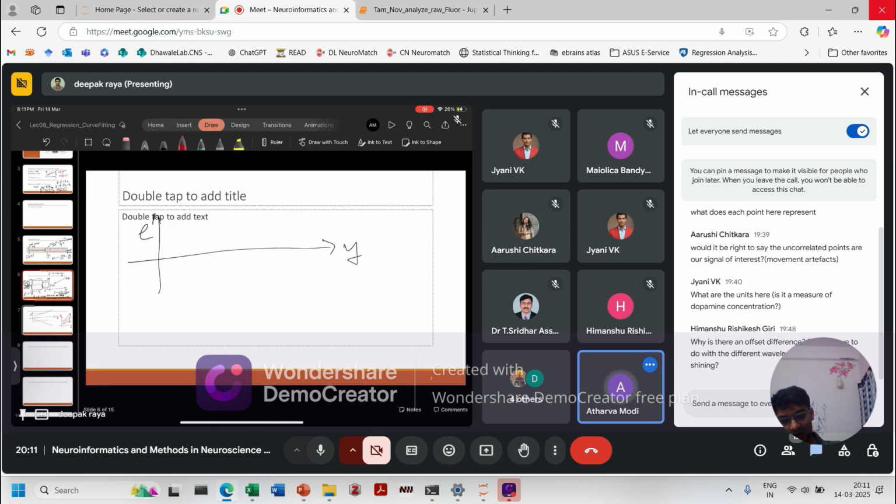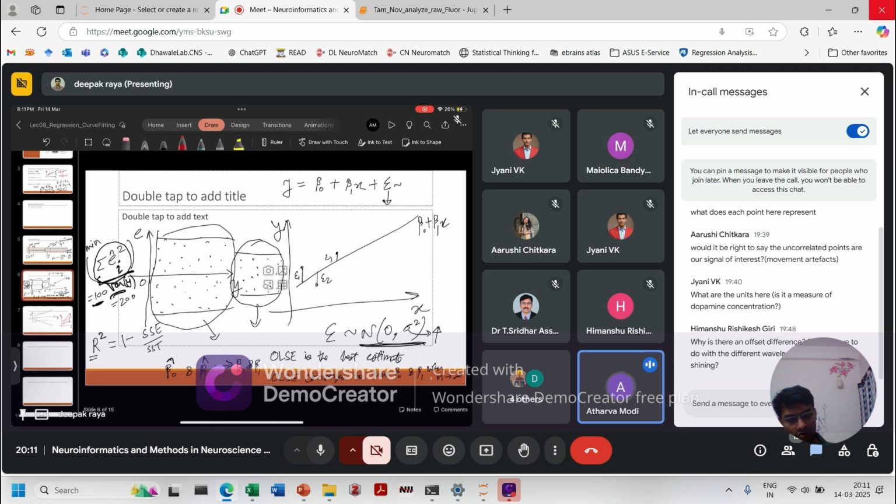So in our ordinary least square assumption, we assume that this sigma, basically the spread of the population, is constant. But it may so happen that this sigma is a function of x. And if it is a function of x, let's say it is increasing, then you will get bigger errors here and smaller errors here. So it will not be a straight line fit.